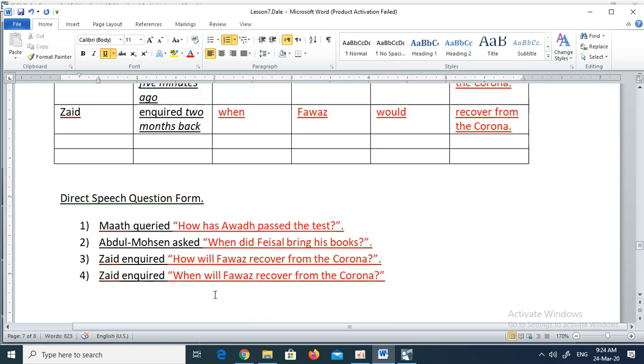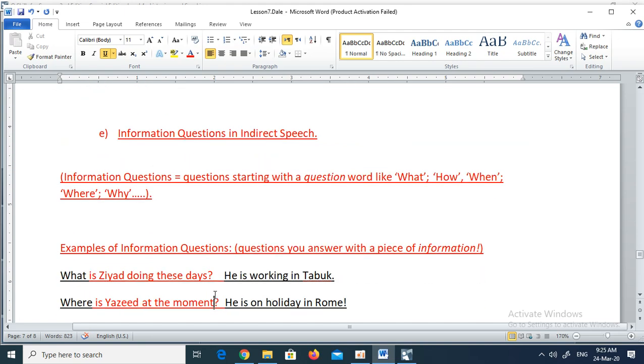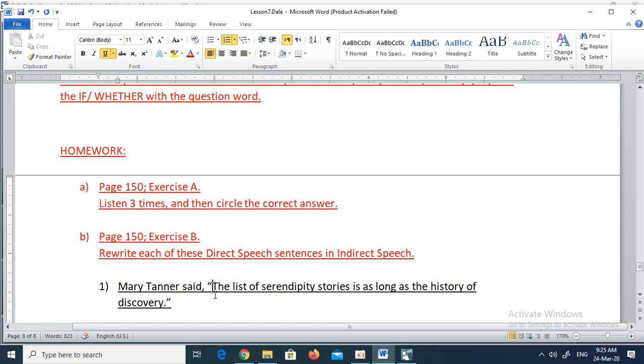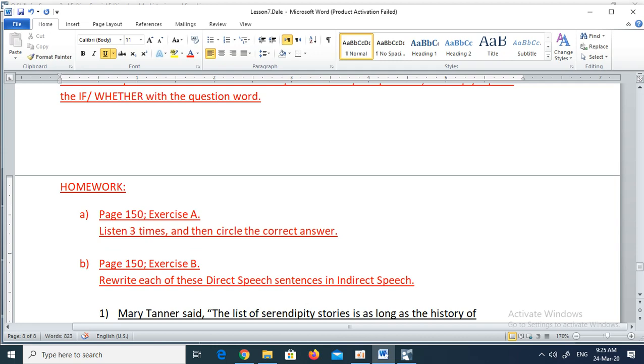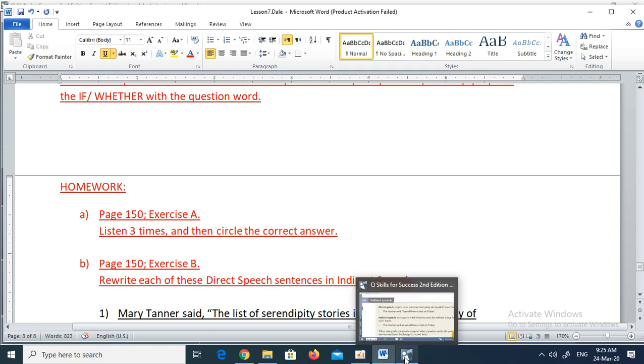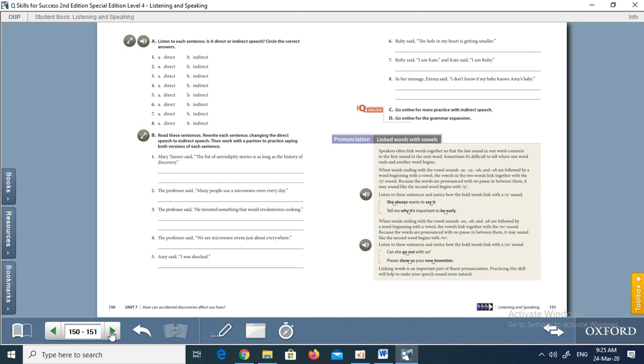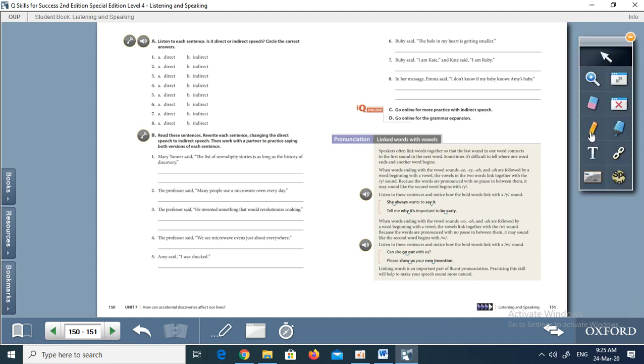Okay, our homework for today is on page 150, and it is exercises A and B. So please all go in your book to exercises A and B. All right.